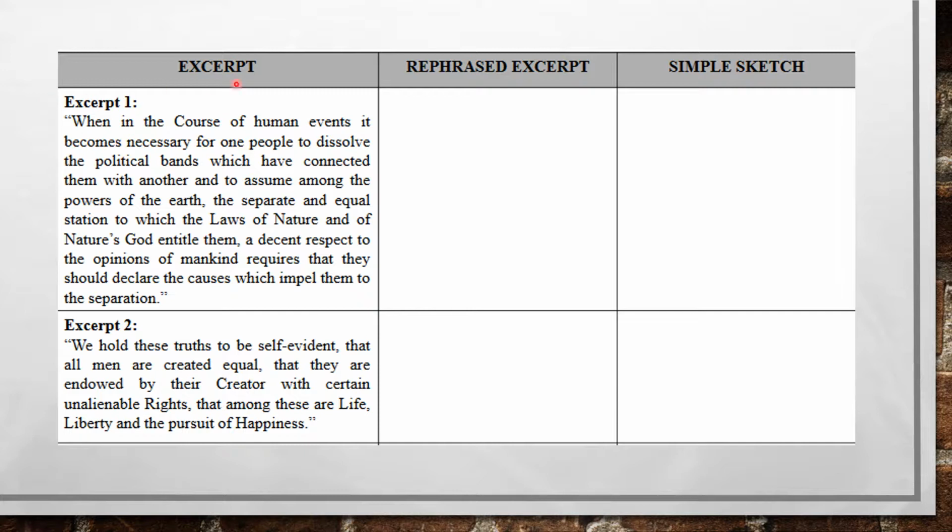So what we're going to do is put this excerpt right here in our own words, and then we're going to draw something to help us, a visual reminder of what this part meant.